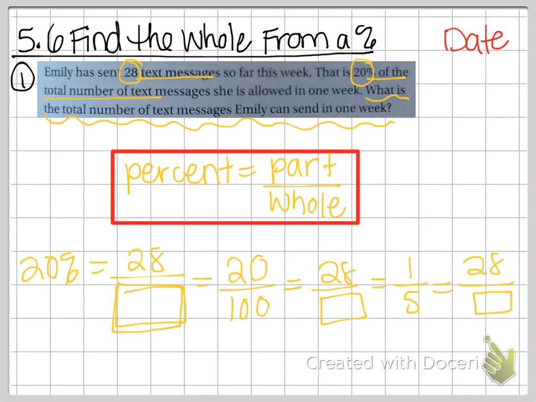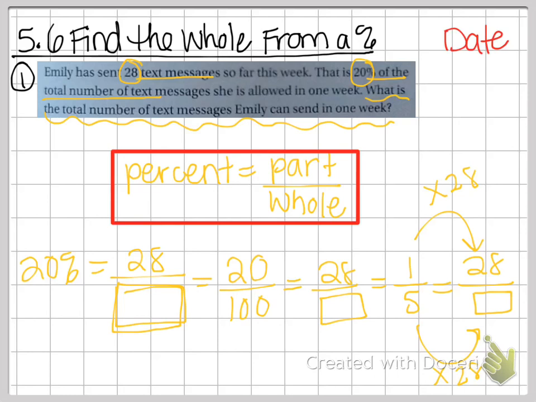All right, so now here's where our math is really starting to work. If I want to make equivalent fractions, I think about, all right, 1 times what gets me 28? That's 28. So I can do the same thing to my denominator.